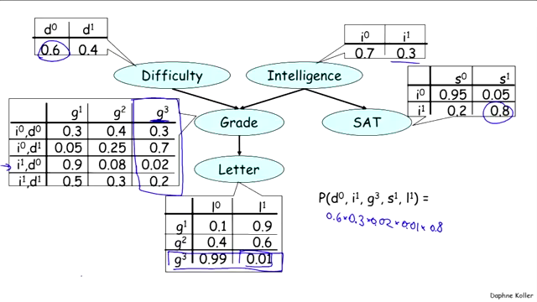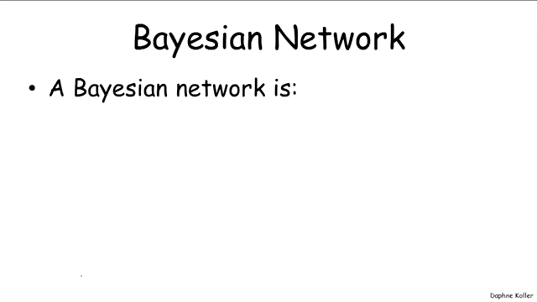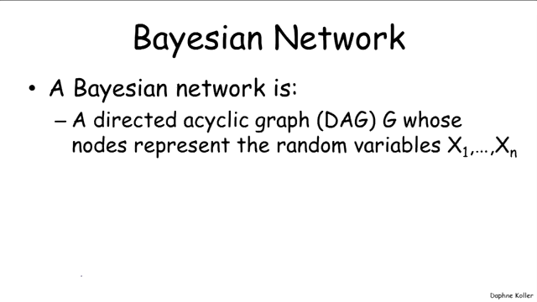Great. So what does that give us as a definition? A Bayesian network is a directed acyclic graph. Acyclic means it has no cycles. That is, you can't traverse the edges and get back to where you started. This is typically abbreviated as a DAG.